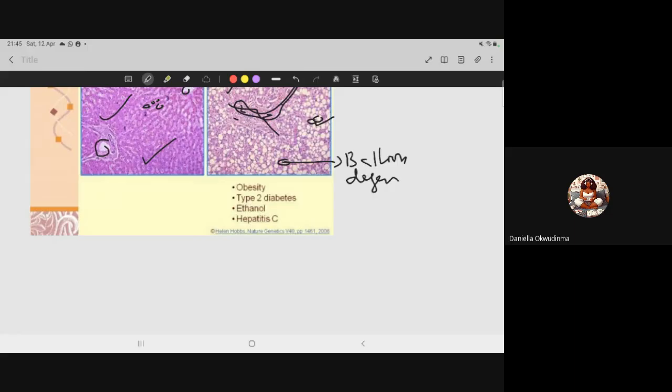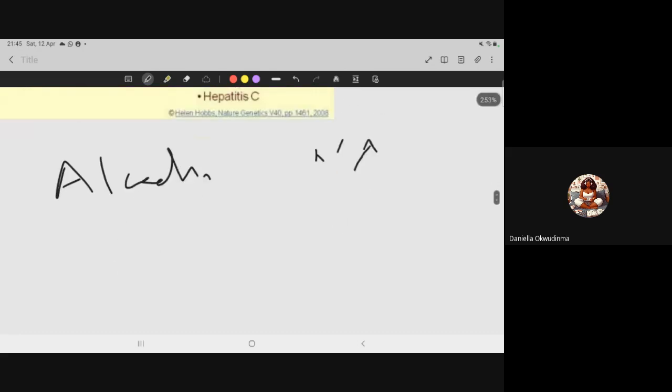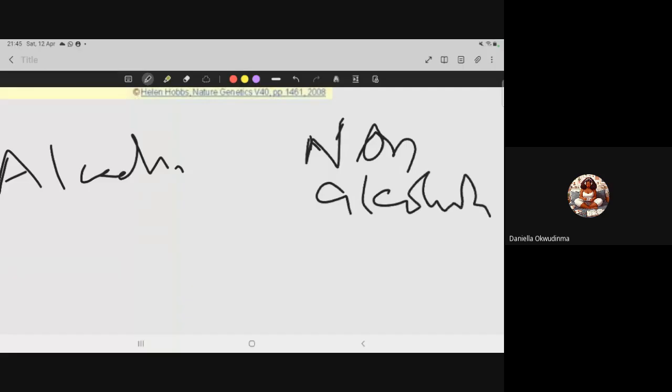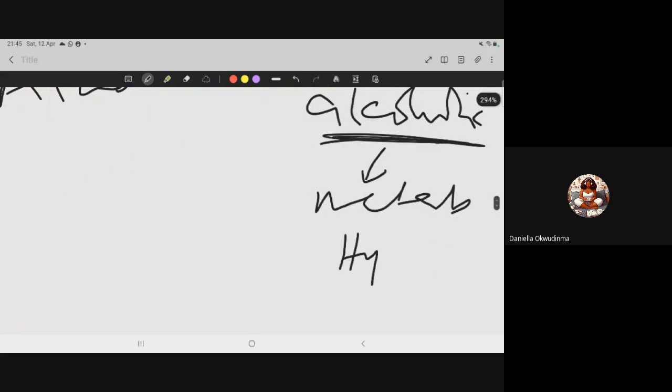For non-alcoholic fatty liver disease, it's the same thing that is happening. The cause is not alcohol, that's why it's known as non-alcoholic. Here you see the same histology, the same ballooning and so on, but it's not due to alcohol. It's driven by metabolic syndrome, like hyperlipidemia, obesity, diabetes, and things like this.